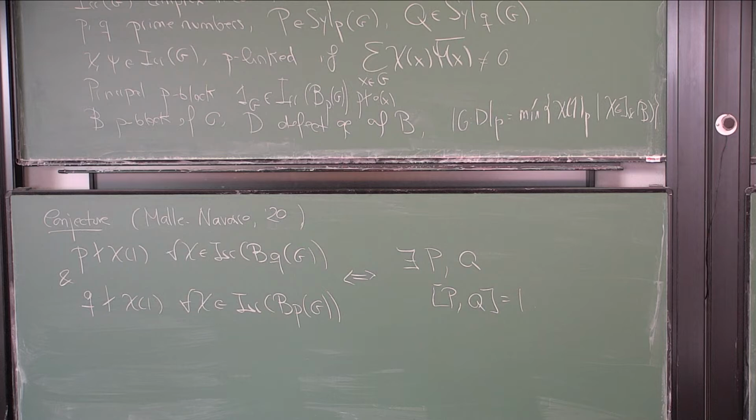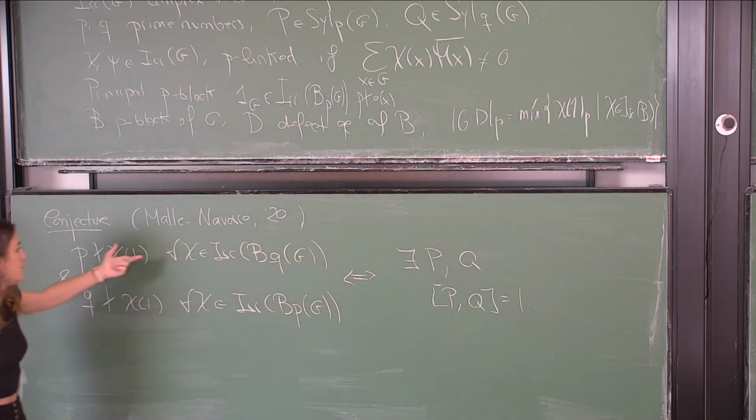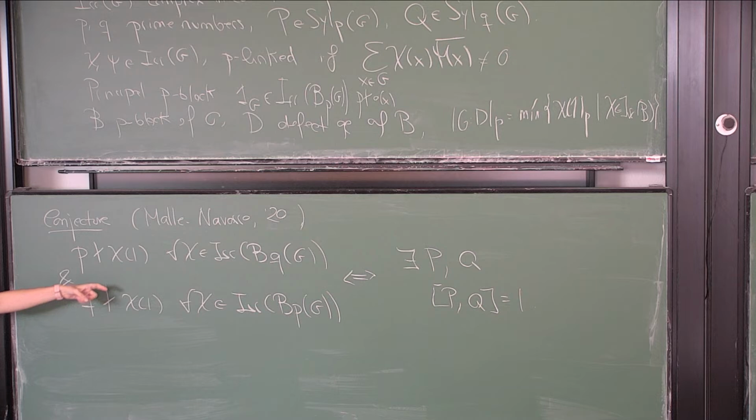Okay? Why is this a generalization of this theorem? Because if we take p equal to q here, then we are recovering Brauer's height zero conjecture for the principal block.